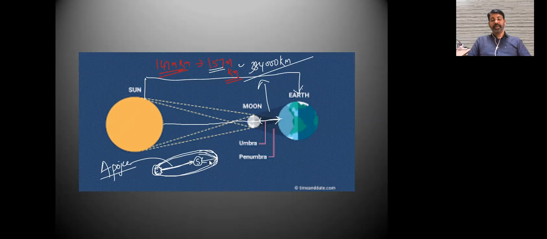When it is closer to the sun, the distance is approximately 147 million kilometers. This is otherwise called perigee. Am I clear? So just remember apogee and perigee.